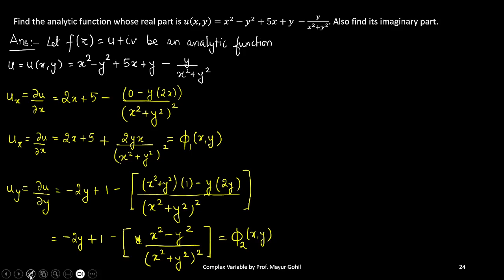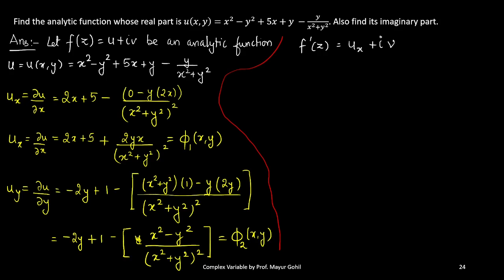Now let's write down the generic steps that are always involved. I'll just put a separator. So here f dash of z is equal to ux plus i vx.